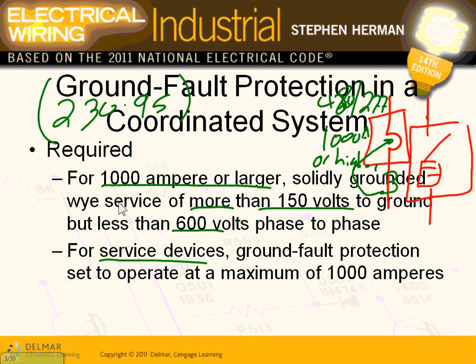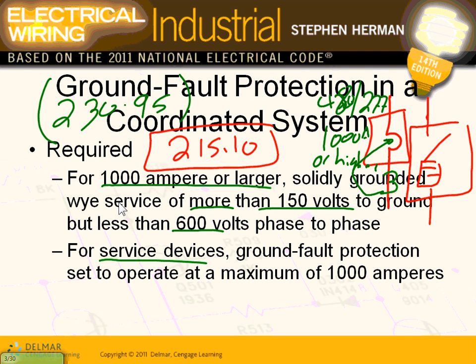So when you go to the feeders, they're also required. Where do they put them in the feeders? On 215.10. Yep, ground fault, 215.10. It will tell you this is also required on a feeder. Everybody knows the difference between a service entrance disconnect means and a disconnect means or circuit breaker for a feeder.